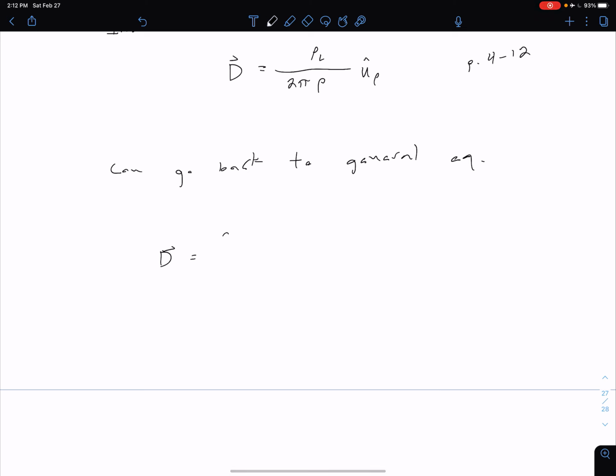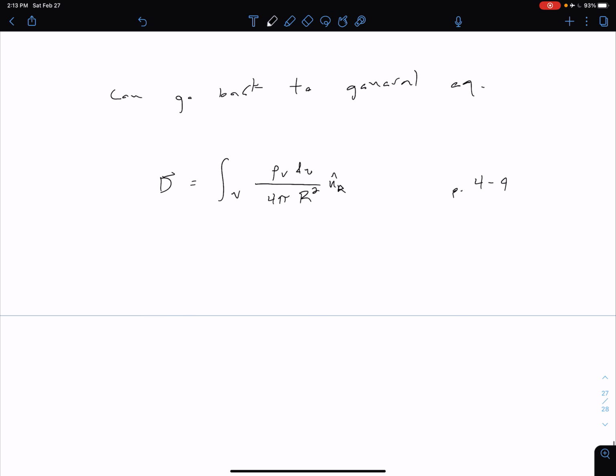Well, that's just going to be from the general equation, the integral over the volume of rho v dv. And in our denominator, we just don't have that epsilon term, which is the only difference. So we have 4 pi R squared in the R direction. So again, the only difference is we've dropped that epsilon naught term in the denominator. You can compare that to page 4-9 to see the general form for our electric field.